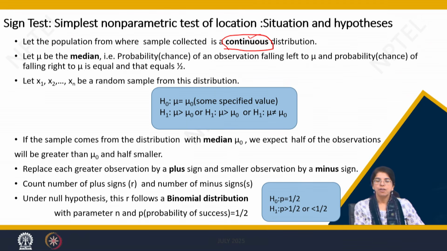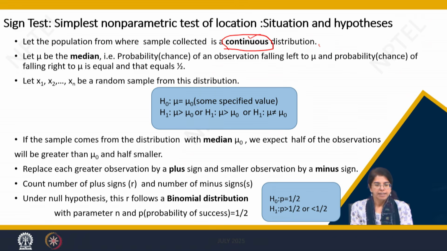In case you miss this assumption before processing your testing of hypothesis, then it will not bear any statistical meaning. So, do not forget to mention that the sample is collected from a continuous population, or the distribution is continuous.